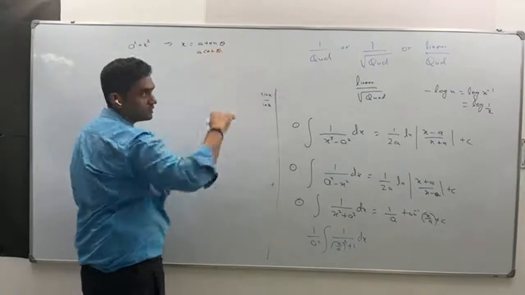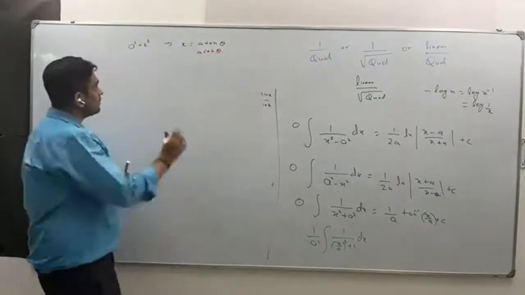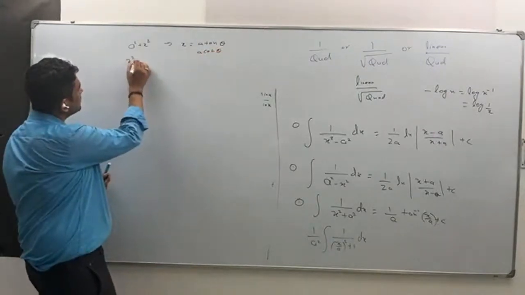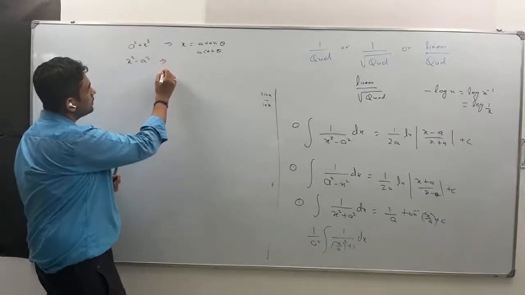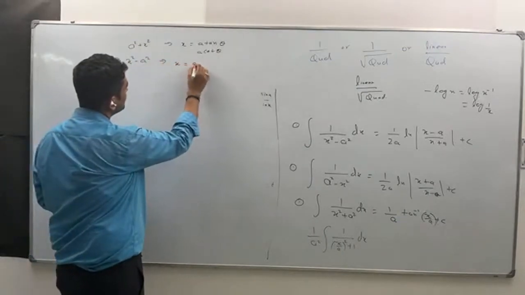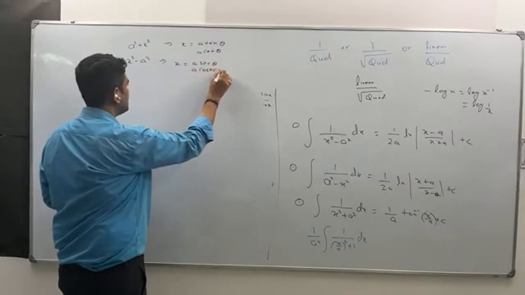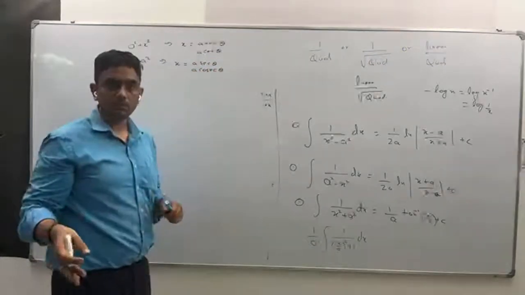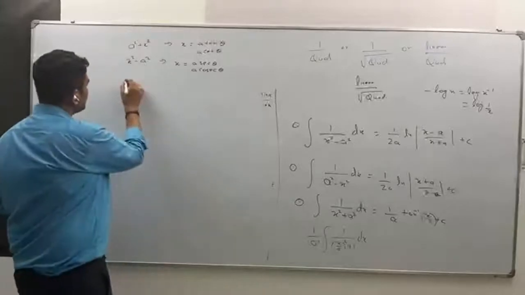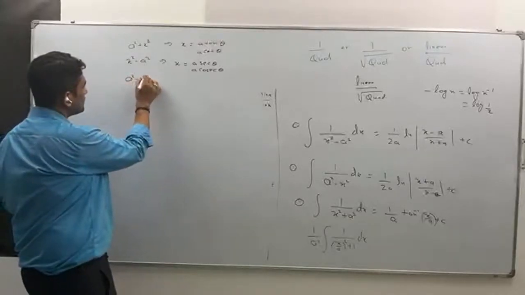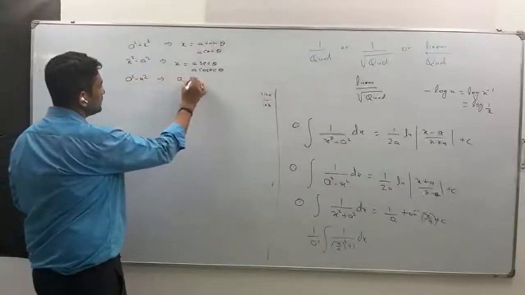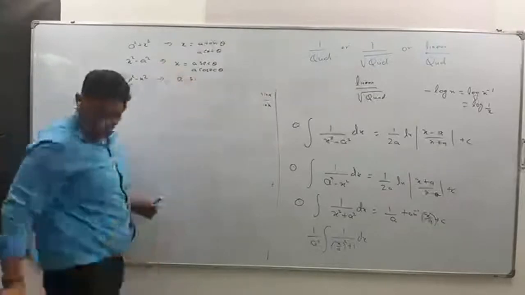Both are correct. Whenever you get terms like x square minus a square, you substitute x as a sec theta or a cosec theta. Whichever you substitute, you will get the same answer. Whenever you get a square minus x square, you substitute x as a sin theta or a cos theta.